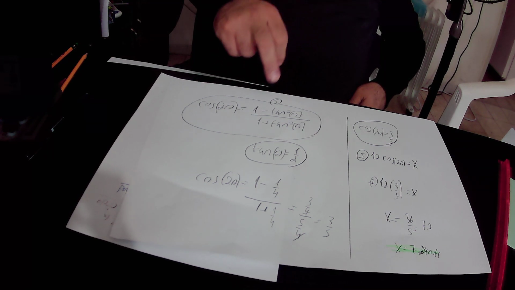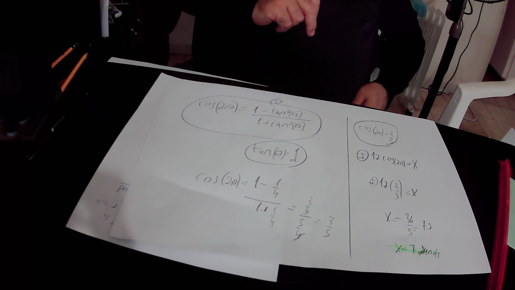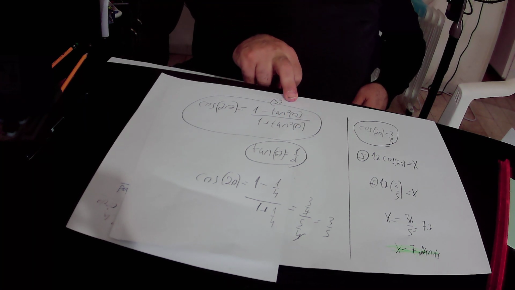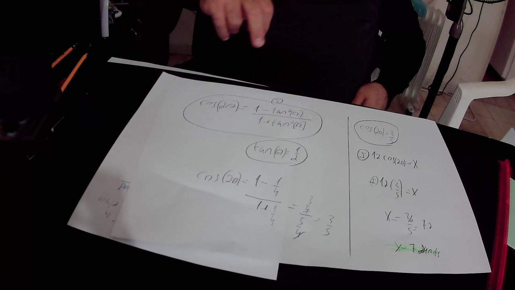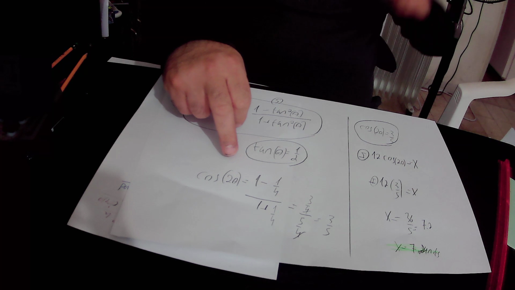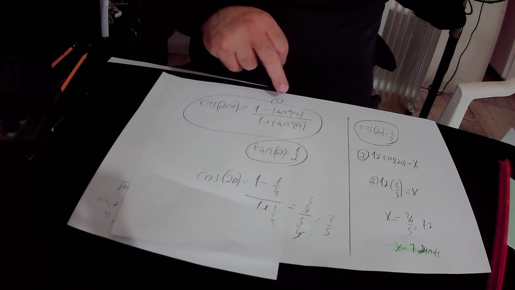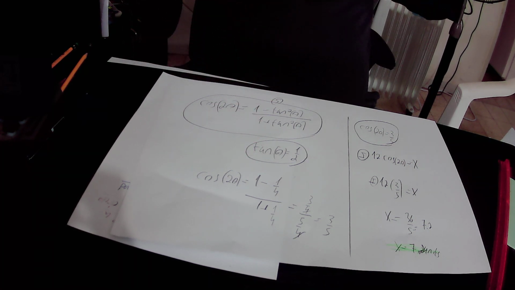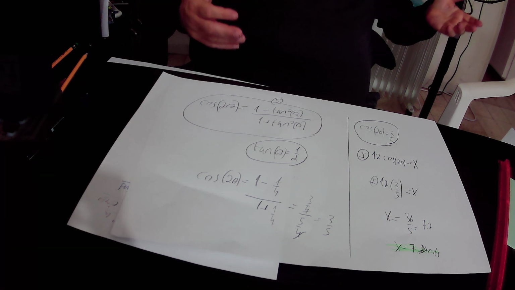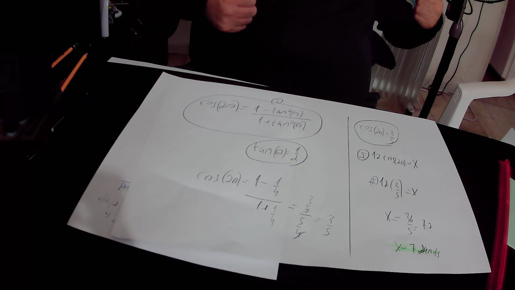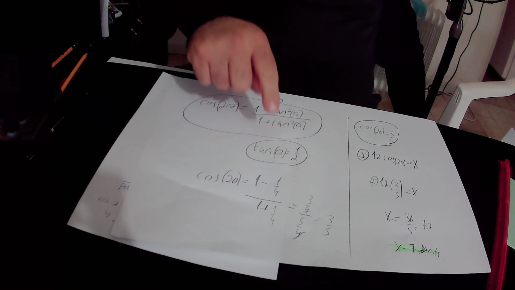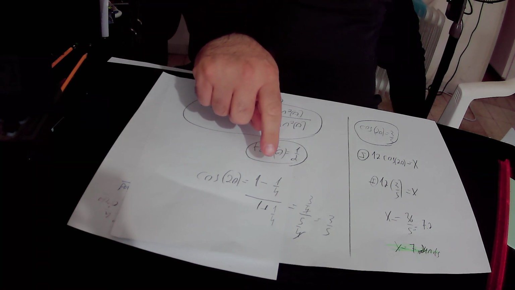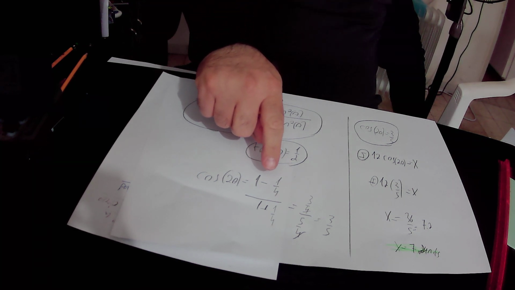We already found that tangent theta equals 1 over 2, so we can substitute it into this identity. Tangent square theta will be 1 half squared, that is 1 over 4.